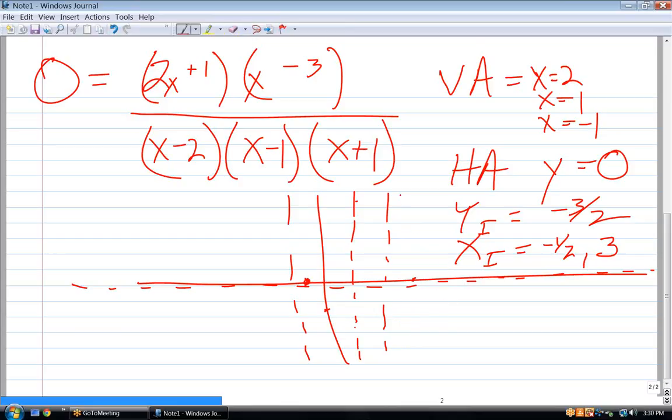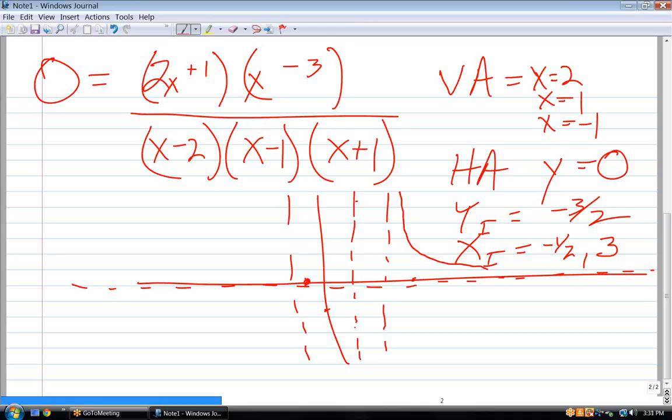So how do I know whether I'm in this quadrant or this quadrant? What test can I do? You can just do 4. And 4 gives us 9 times 1 over 2 times 3 times 4. That's a positive number. So the fact that that's a positive number tells me I'm in that quadrant. So I know that much.